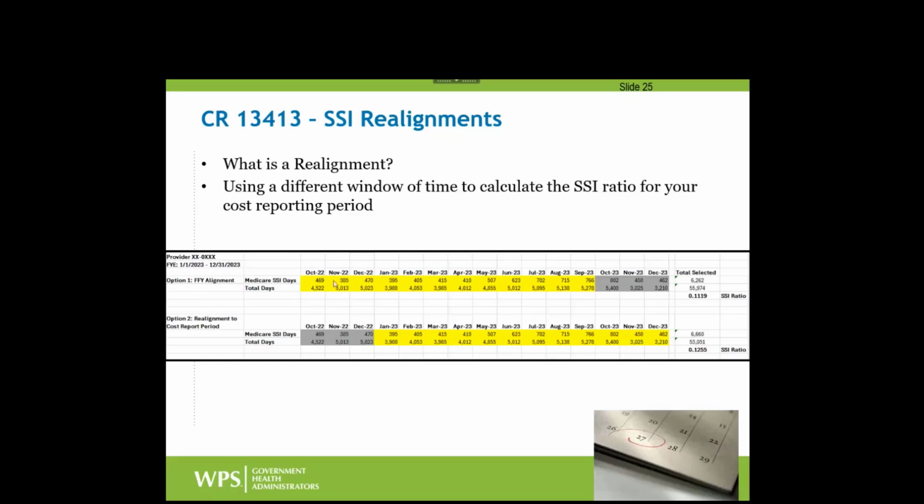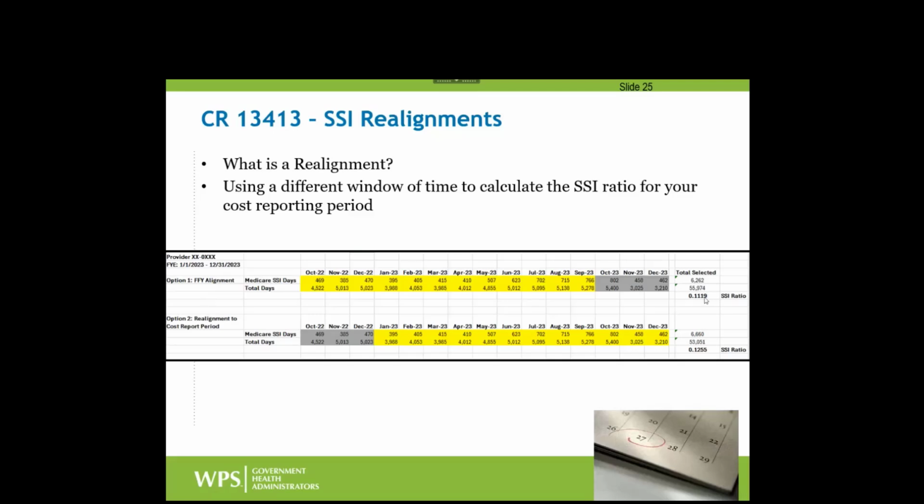Federal fiscal year alignment, we're using days from 10/1 through 9/30. And you can see each month is going to have a different mixture of days, Medicare and total. If they realigned, if they had a 12/31 period, they're using 1/1 through 12/31, which again, each month might be a little different. It might benefit them using the federal fiscal year versus the cost reporting period.